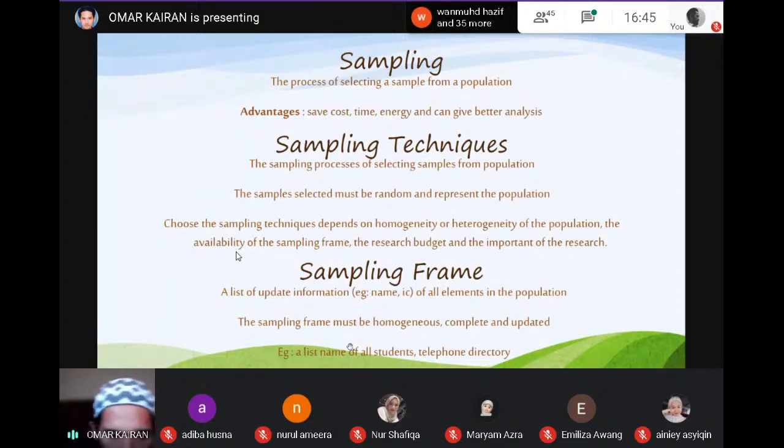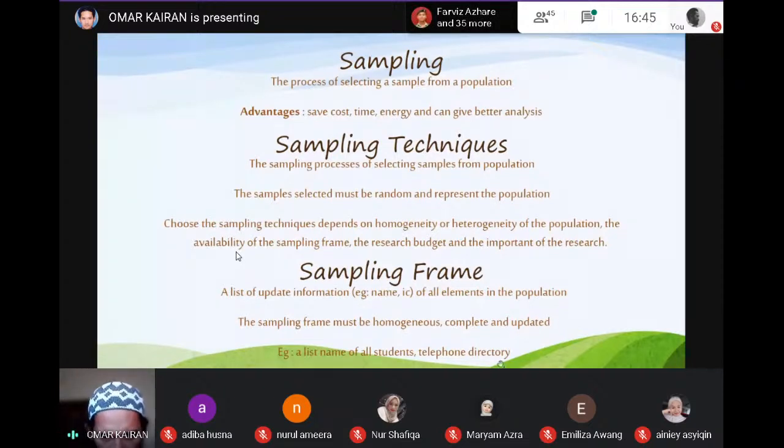Sometimes sampling frame pun boleh heterogeneous, tak ada masalah. Sebenarnya homogeneous ini depends on the type of sampling technique yang kita gunakan. Kalau homogeneous, ada sampling teknik tertentu. Kalau heterogeneous, ada sampling teknik yang tertentu.